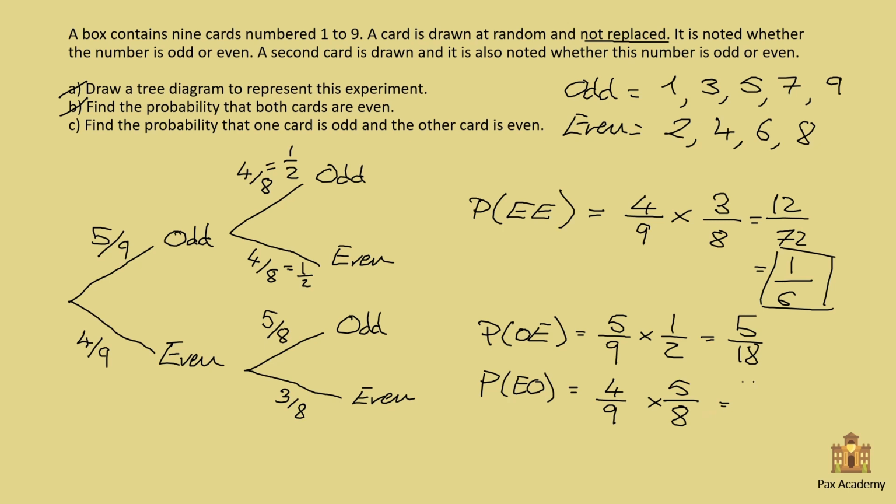But if we simplify, we get 5/18 as well. And then if we add these up, so 5/18 plus 5/18, we get 10/18. And if we simplify, we get 5/9. Okay? And so this is the probability that one card is odd and the other card is even.